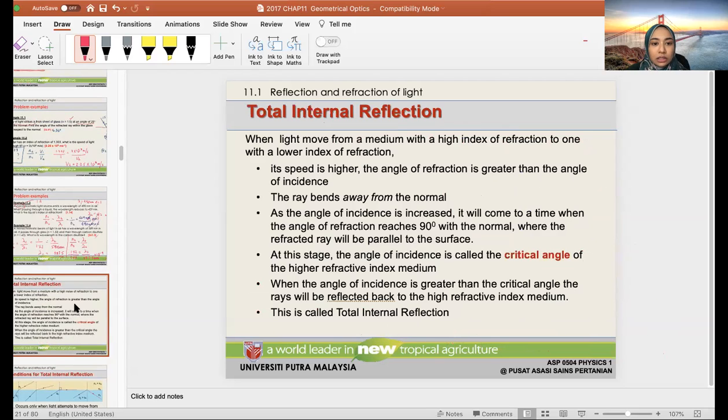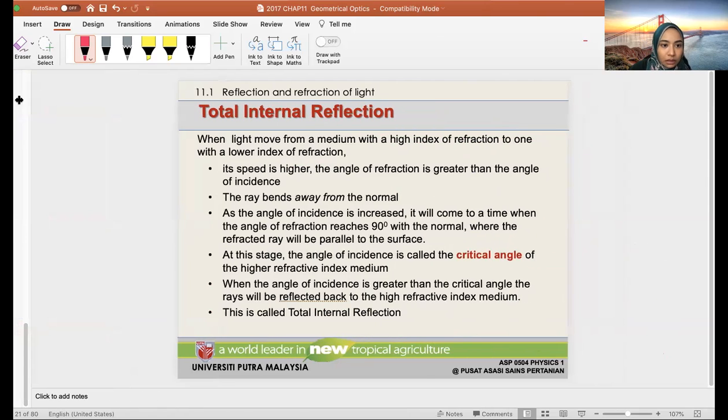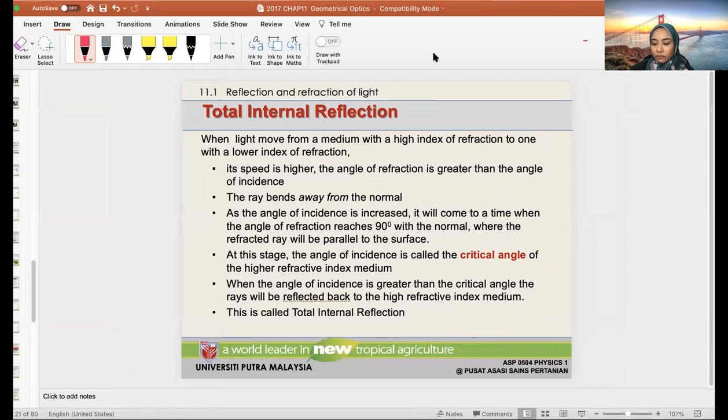So now we are going into total internal reflection. When light moves from a medium with high index of refraction to one of lower index of refraction. Okay, explanation ni panjang sangat. Saya nak cerita dia terus. Let's draw it. Okay, so total internal reflection. There's one condition that you must remember.